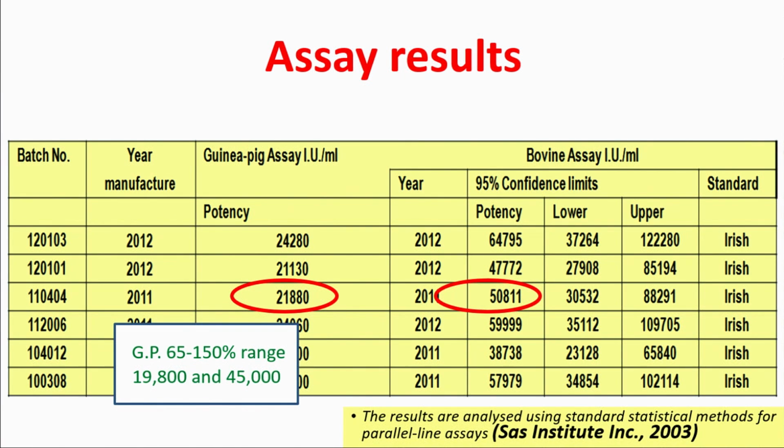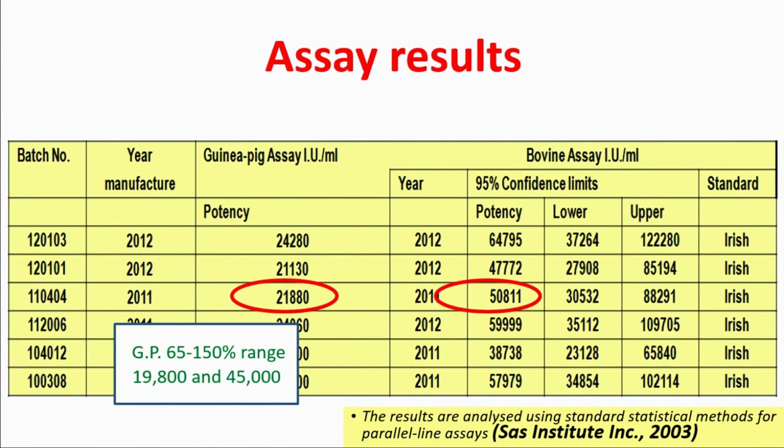Now, the relationship between guinea pig assay and cattle assay is very inconsistent, as is the relationship between one assay on a batch of guinea pigs and the next assay of the same tuberculin on a different batch of guinea pigs. It's highly variable.